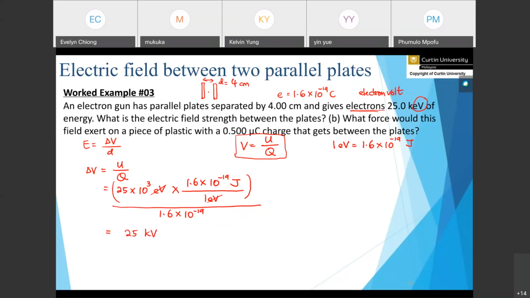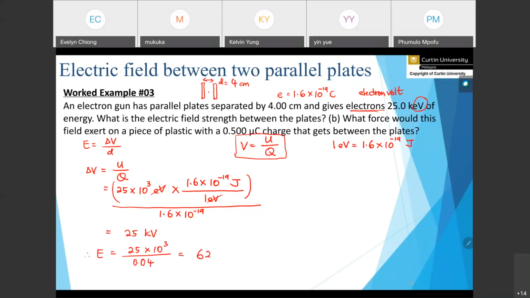Then we can substitute into E equals to delta V divided by D to get the electric field. So electric field equals to how much? 25 kilo, okay? And then divided by distance, which is 4 centimeter, so 0.04 meter.